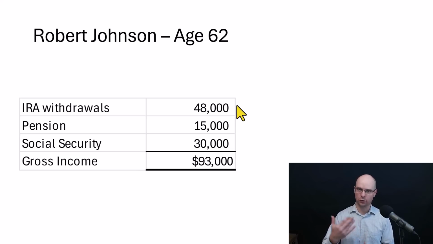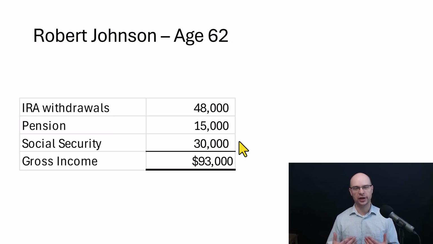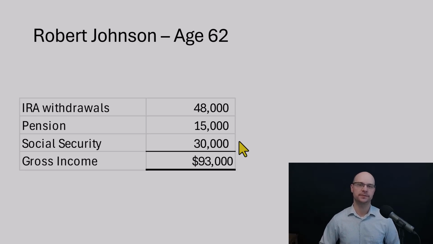If he's taking, say, $4,000 per month from this IRA and $2,500 per month from Social Security, what percentage of that should be withheld for federal income tax? We're going to look next at a tax return. I'll show you how to do the calculation.